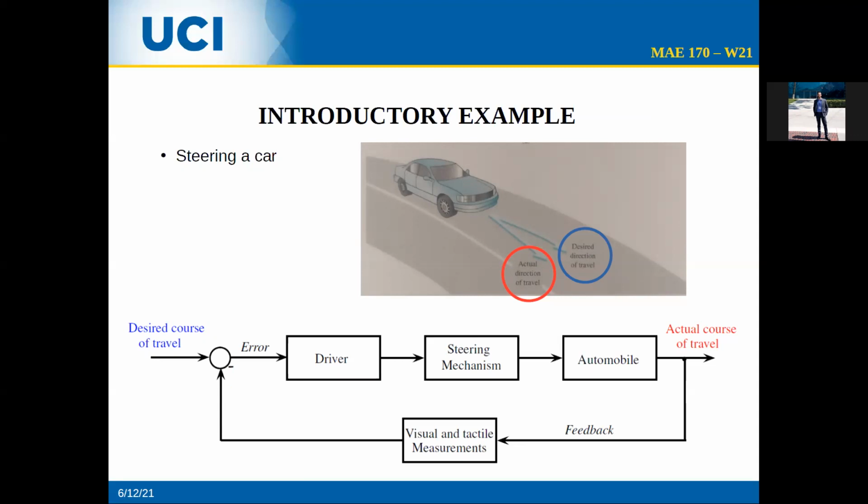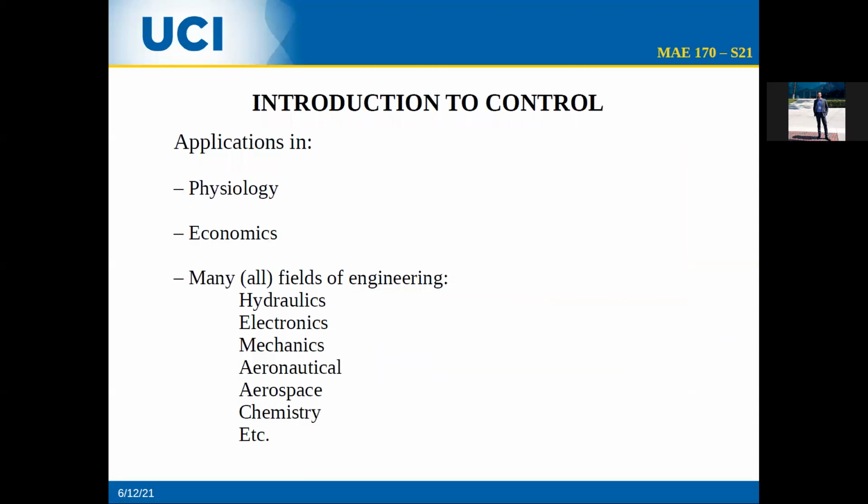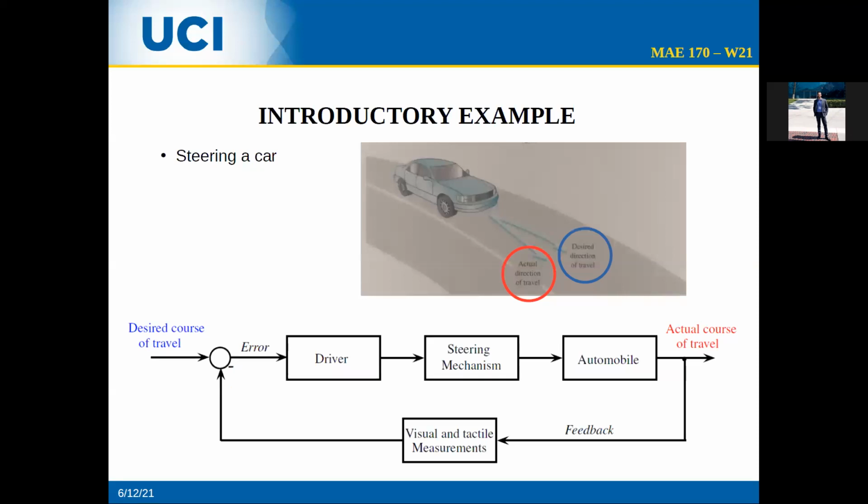Although the steering mechanism is part of the automobile, so you can think about the steering mechanism plus the automobile as what I described earlier as the plant. So driver is the controller, steering mechanism plus automobile is the plant, that is the actuator plus the process, the thing that has to be controlled, that is the car. And that gives you the actual course of travel, the actual trajectory.